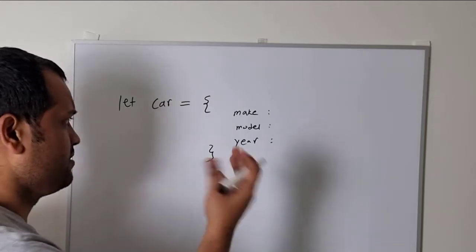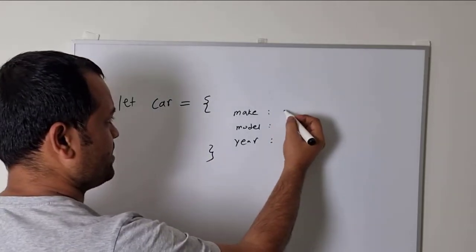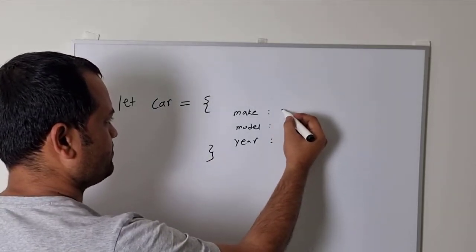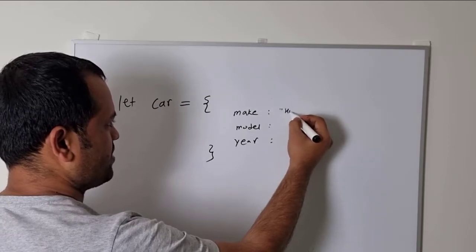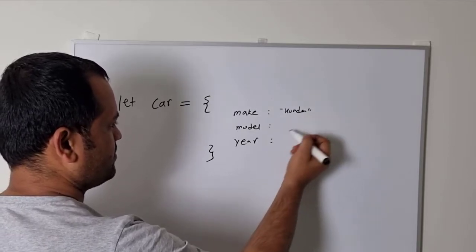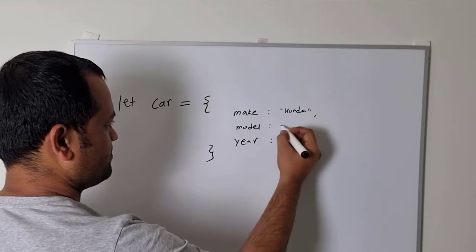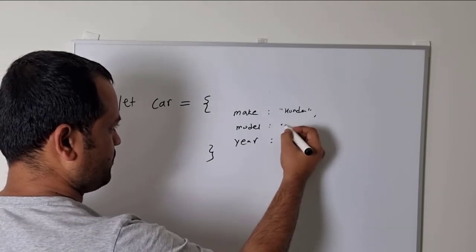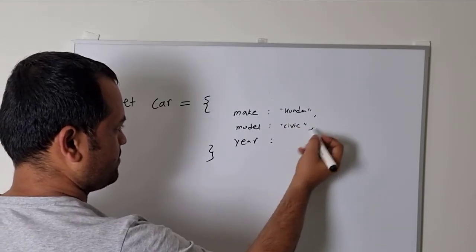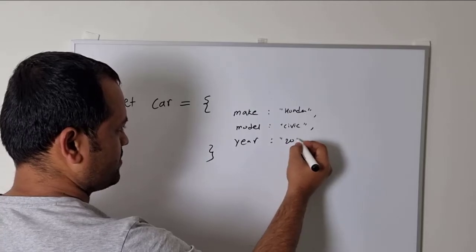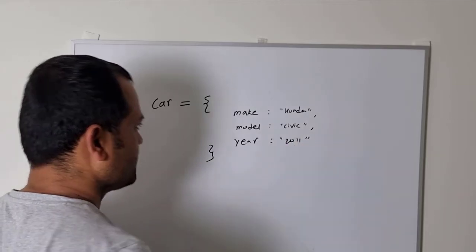And we can have some values associated with that as well. So for example, make is say Honda, model is Civic, year is say 2011. That's it.